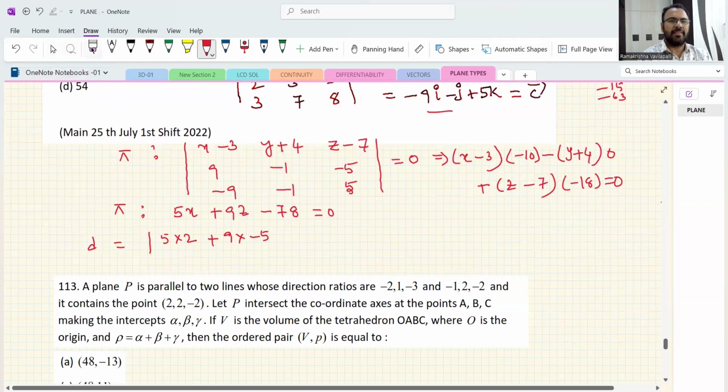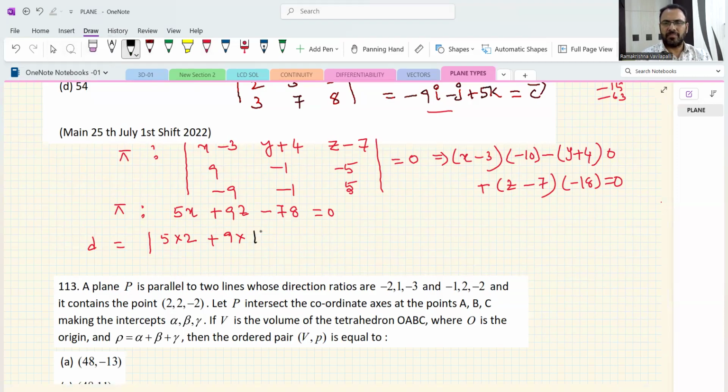So 9 into 11 minus 78 whole by root over 25 plus 81. This is equal to, I'll simplify and I'll write the answer.